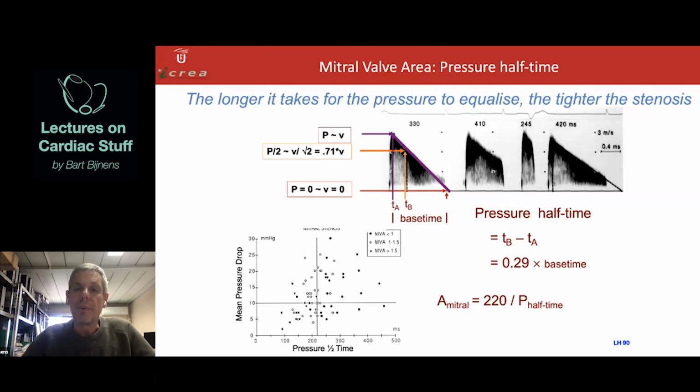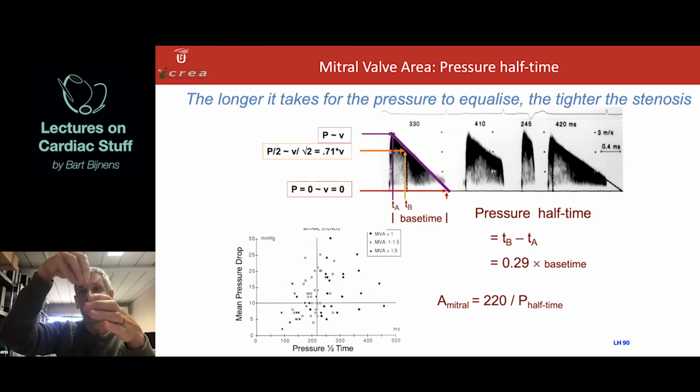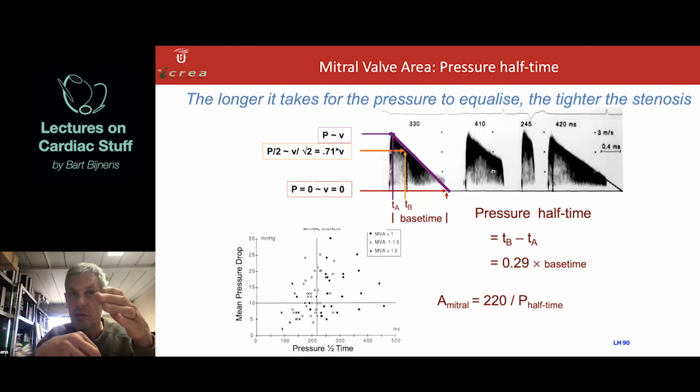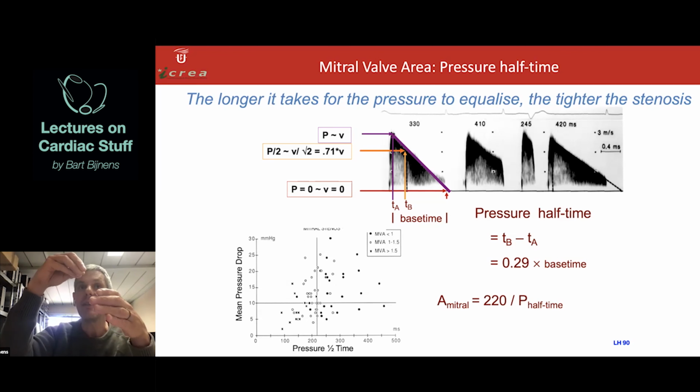Another thing which is useful is looking at the dynamics of this pressure change. For example, if we have a mitral stenosis, where it's more difficult for the blood to go from the atrium to the ventricle, filling becomes slower, which means it takes longer for the pressure between the atrium and the ventricle to equalize.